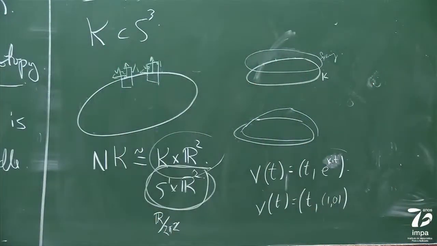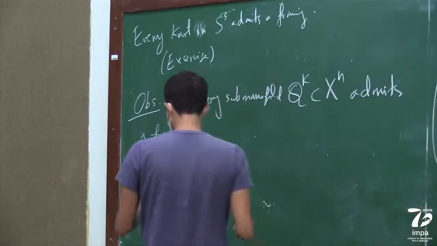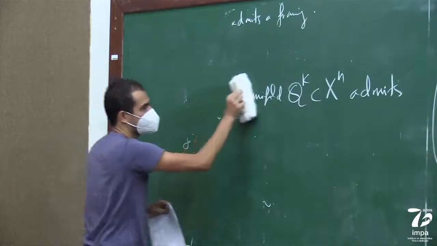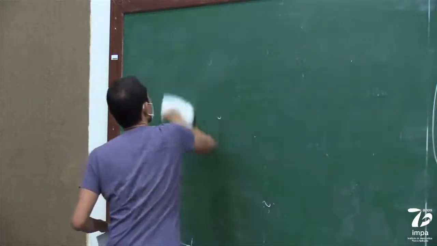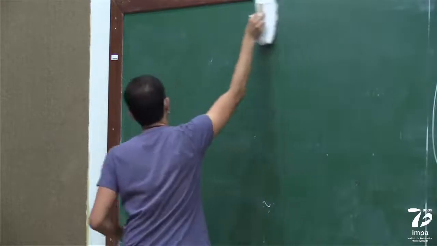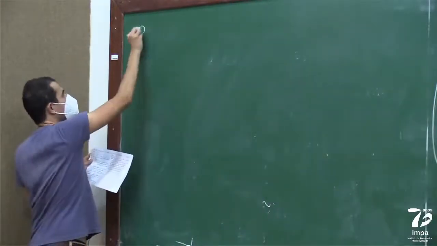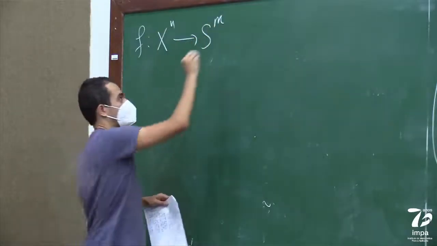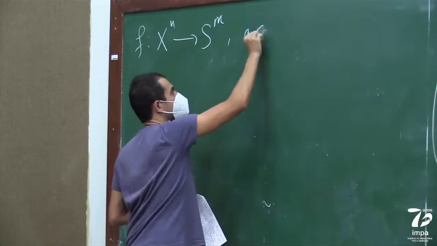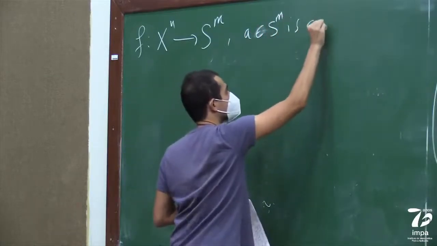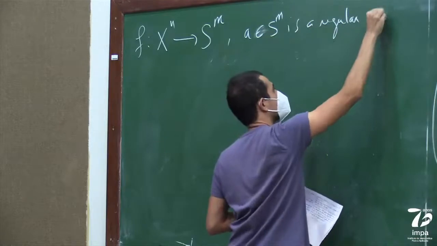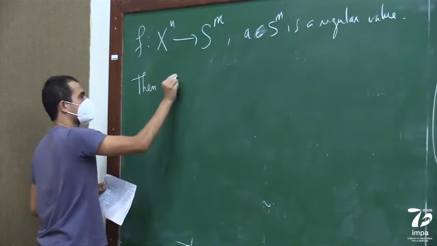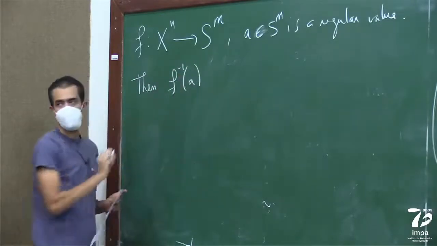OK, so that's framing. And what I want to tell you about is why this has to do with maps from X to S^n. So the thing is, if we take a map F from X^n to S^m, and A is a regular value, then the preimage of A is a submanifold.